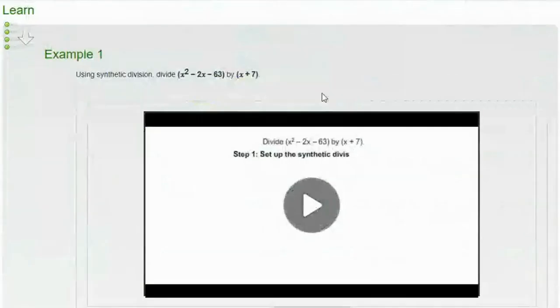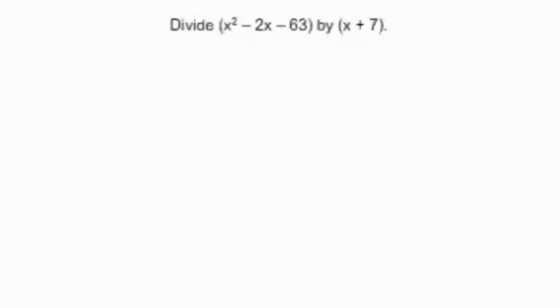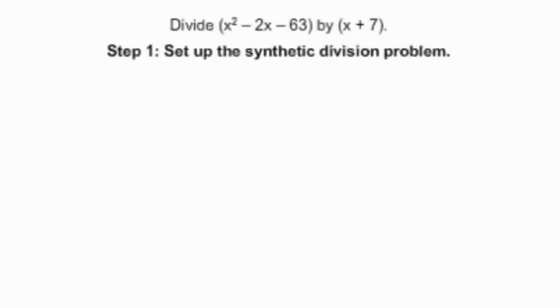All right, let's go back here and watch them do the same thing, see if they do it any differently. The first step in the synthetic division process is to set up the problem. Start with the divisor. Identify the opposite of the constant. In this case, the constant is 7, so -7 is used. Place this value in the top left corner of the synthetic division problem.